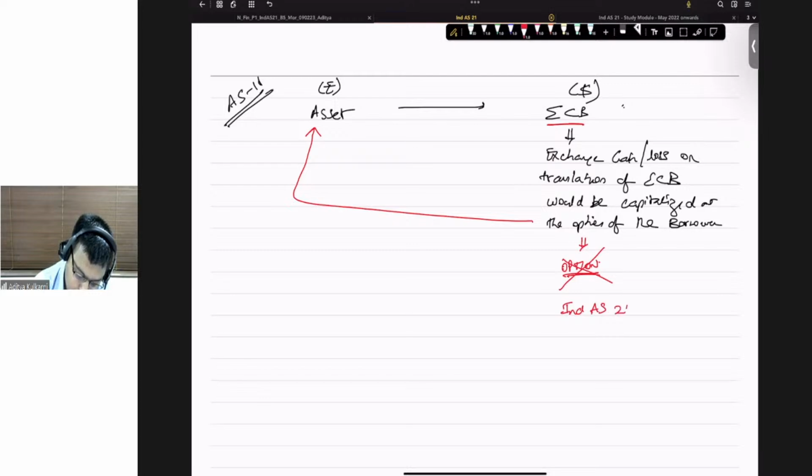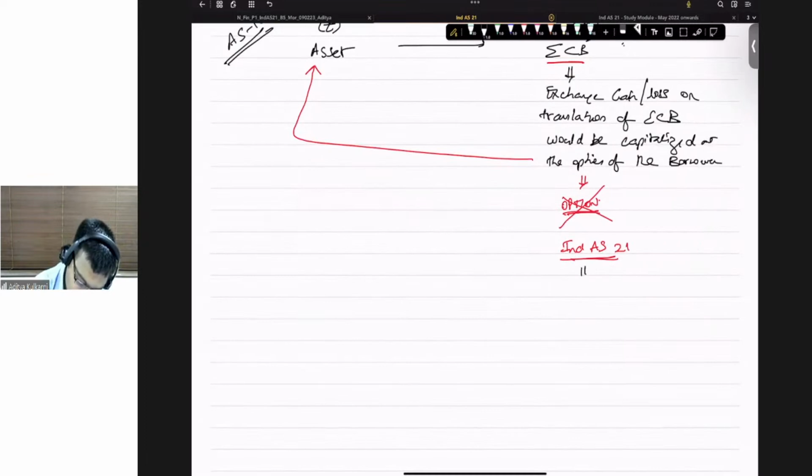This option is not there in Ind AS 21. Ind AS 21 बोलता है, if you have taken an external commercial borrowing to finance an asset purchase, all the movements in exchange on account of currency fluctuations in the external commercial borrowings will be compulsorily taken to the P&L. It cannot be capitalized.